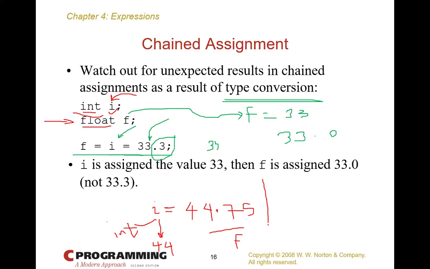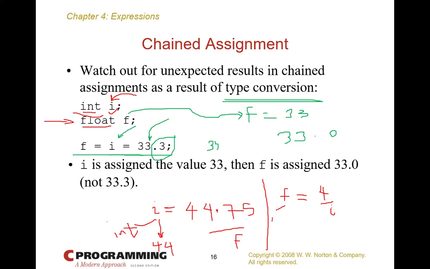Now let's try the opposite. Let's try for f. So we know that f is floating point. What if we say f is equal to 4? Now we are trying to assign an integer into f. Even though we know that f takes floating point, what will happen? Yeah, the idea remains the same. Here is what will happen. Instead of the integer being stored in the floating point space of f, we will have the floating point equivalent of this integer. This is integer.